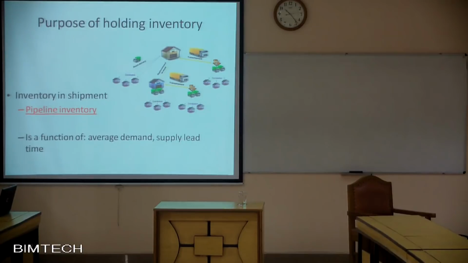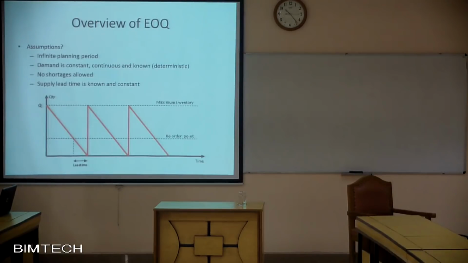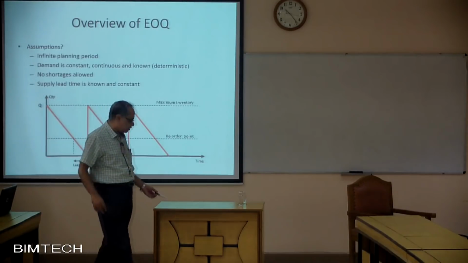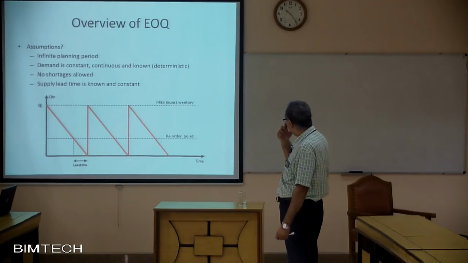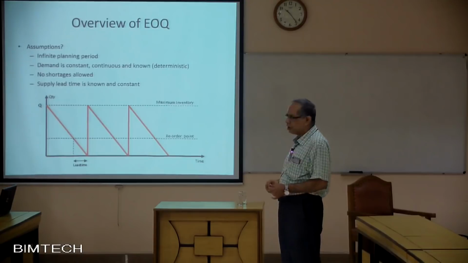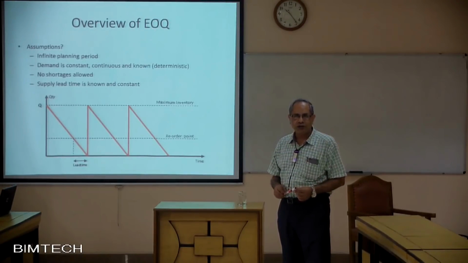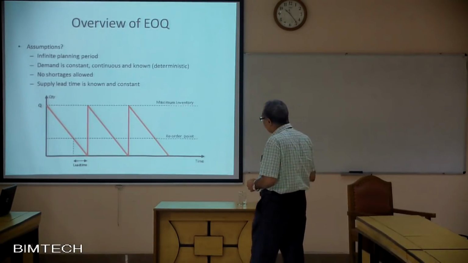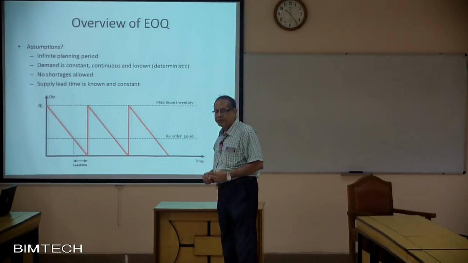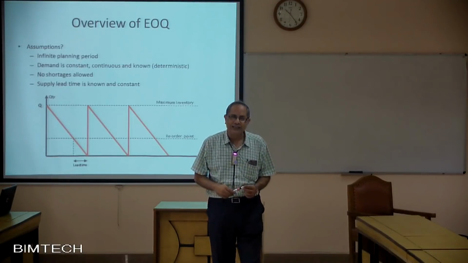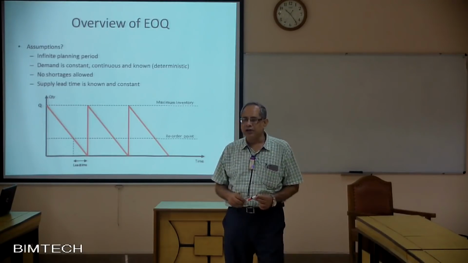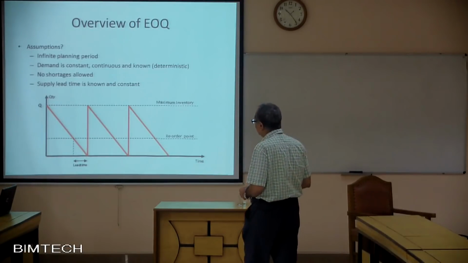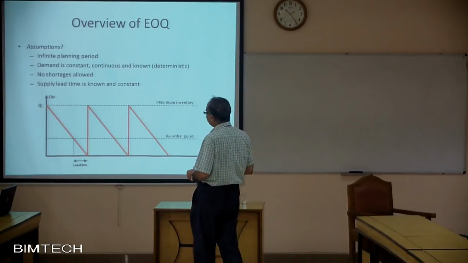So those were the three kinds of inventory representing the three reasons why we carry inventory. And now I very quickly come to an overview of the economic order quantity model that we are all familiar with. This is just an overview. We had certain assumptions, and they were primarily what you find here on the screen.